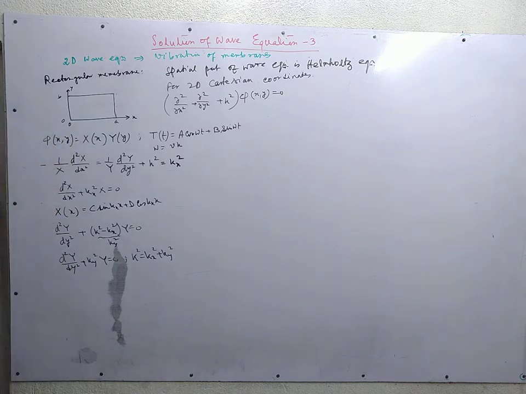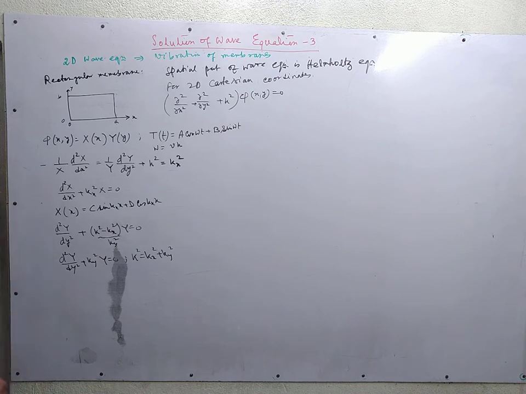Note the change in connection with the corresponding case in the Laplace equation. For the Laplace equation, we found that if we have a periodic sinusoidal solution in one component, then the y component has to be exponential or vice versa.